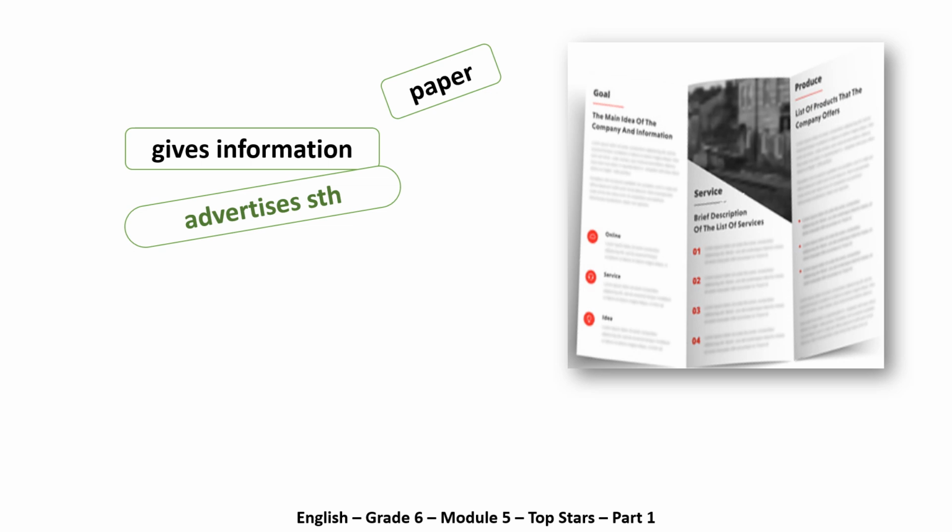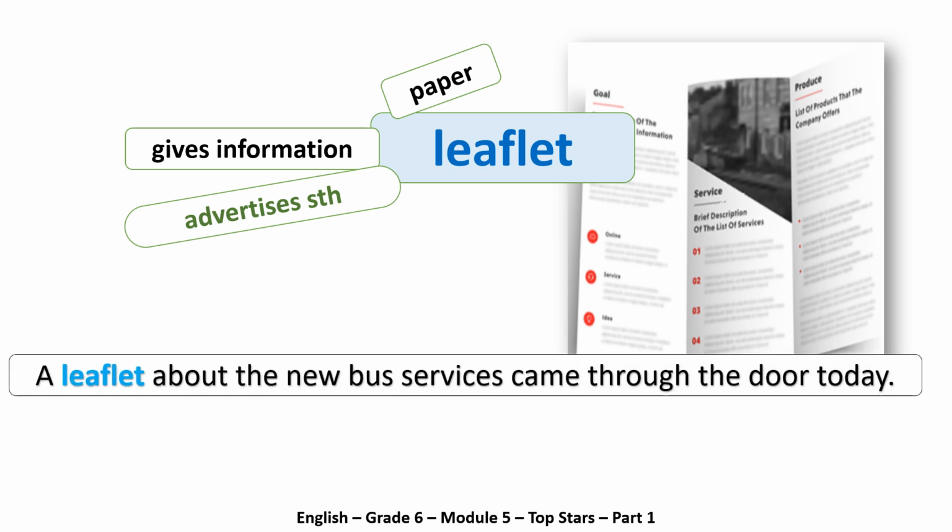So what do we call a piece of paper that gives us information or advertises something? We call it a leaflet. Let's have an example. A leaflet about the new bus services came through the door today. Repeat after me. Leaflet.